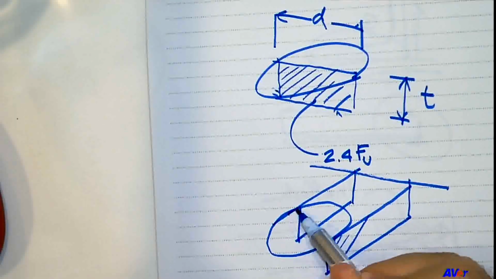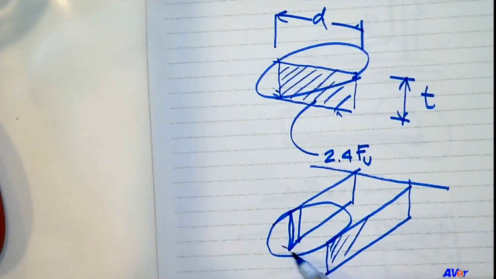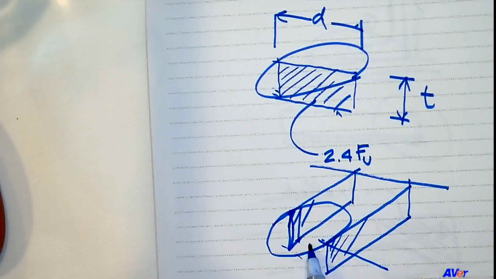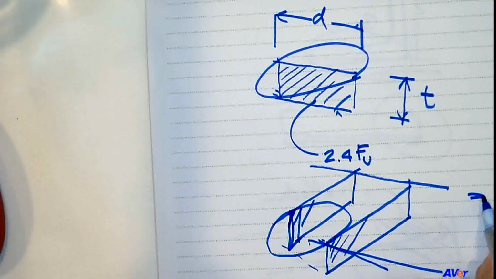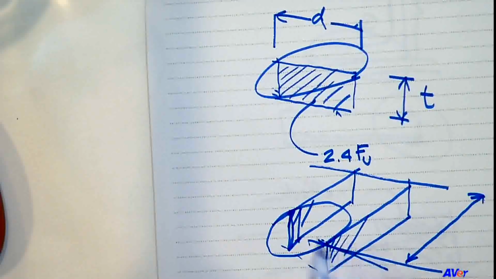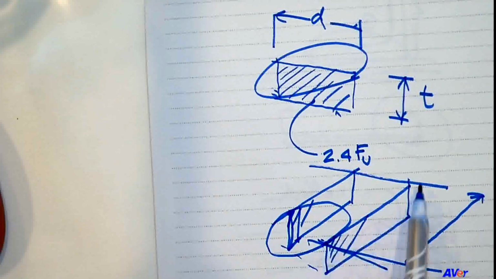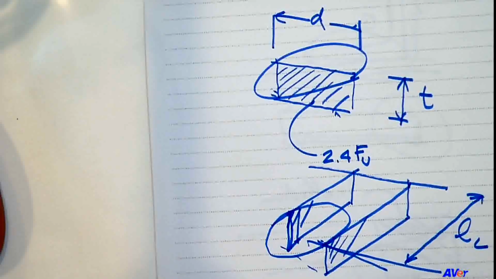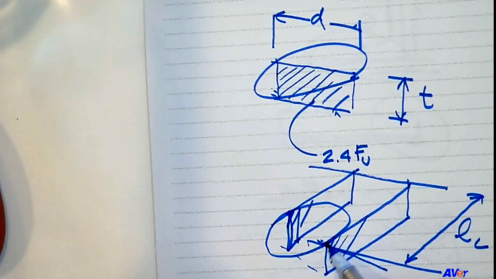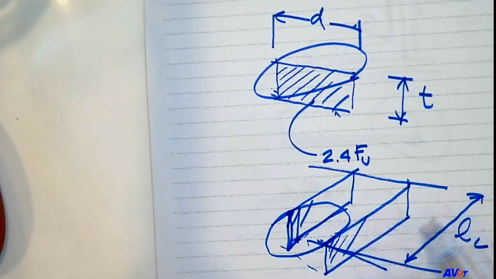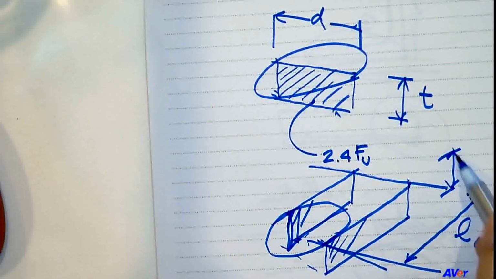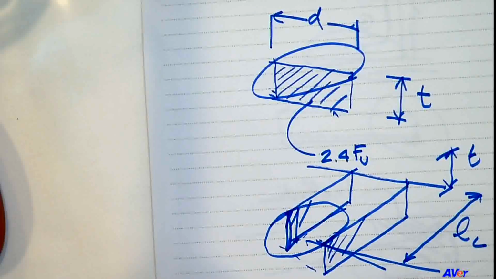And this is the area where the failure will occur. This is the distance from the center line to the edge, and we call that Lc. And so the area under failure is this Lc multiplied again by the thickness of the plate t.